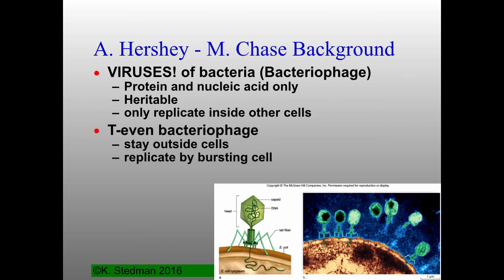Many of them physicists, interestingly enough, who decided, okay, we're going to try and study the simplest kind of biology we can find, and the simplest kind of biology they could find were viruses. And particularly viruses of bacteria, and the viruses that we're very interested in just had protein and nucleic acid.